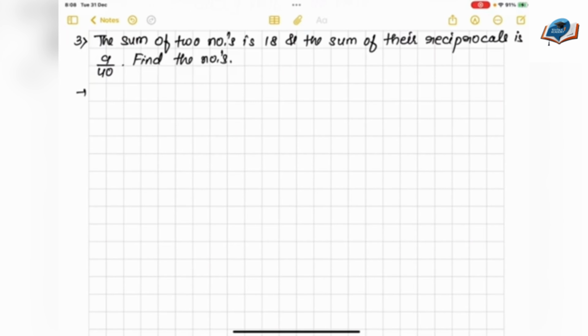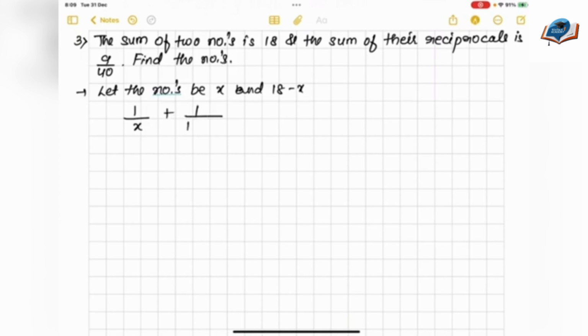Third question says the sum of two numbers is 18 and the sum of their reciprocals is 9 upon 40. Find the number. So let one number be x, so then other is 18 minus x.